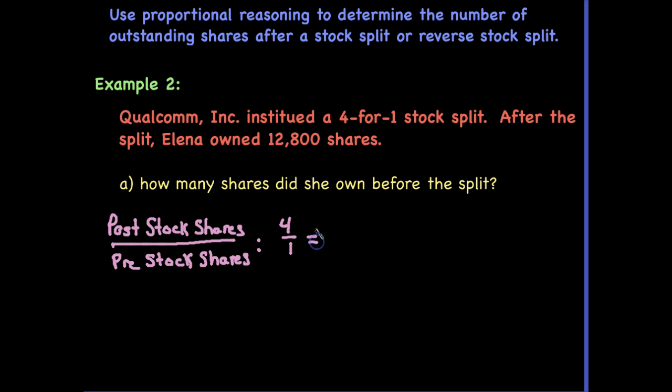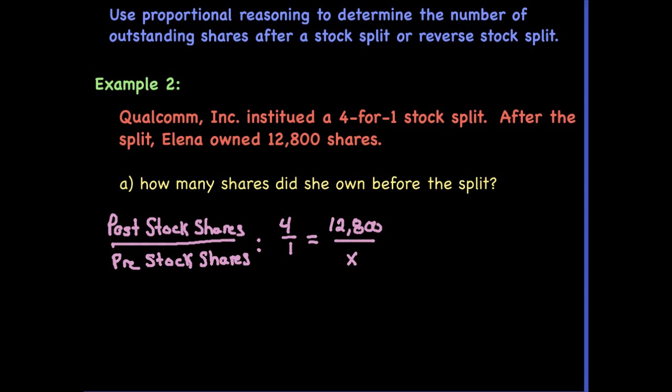Now let's fill in what we know. After the split, Elena owned 12,800. That's post the stock split, so that would go on top, 12,800. And we want to know what she had pre-stock split, so we put an X there.